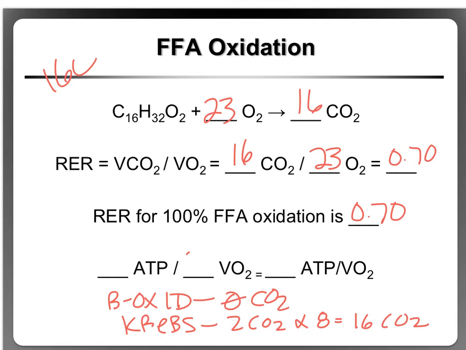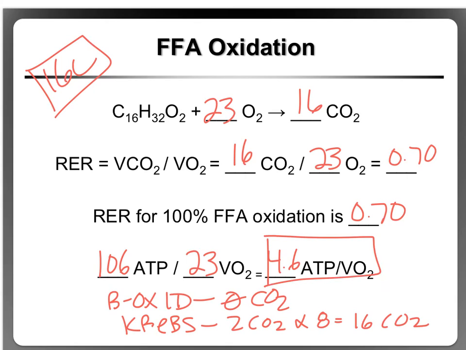Okay? So we use 23 oxygens. If you go back to chapter 2 and you trace a 16 carbon FFA, you'll see that we end up with 106 ATP. 106 divided by 23 is 4.6, and this is the oxygen efficiency value of FFA.